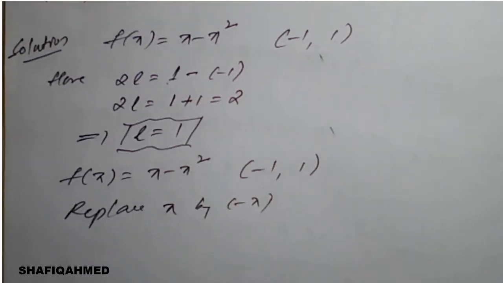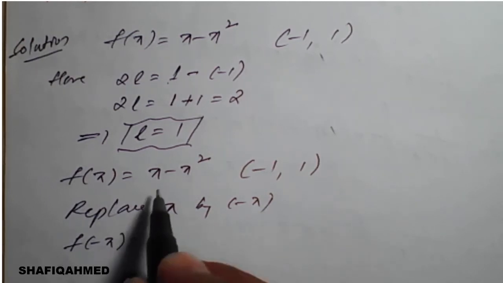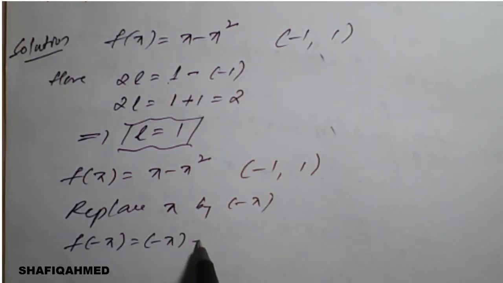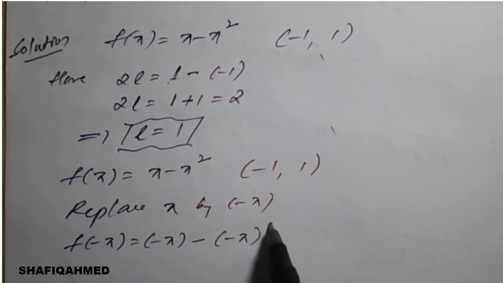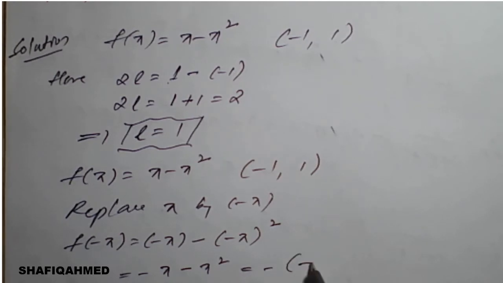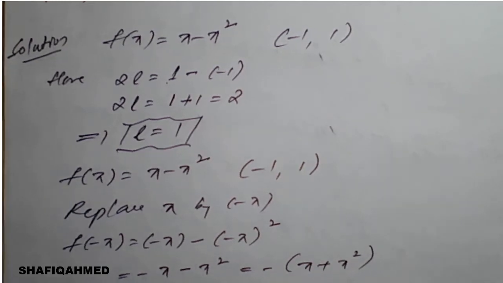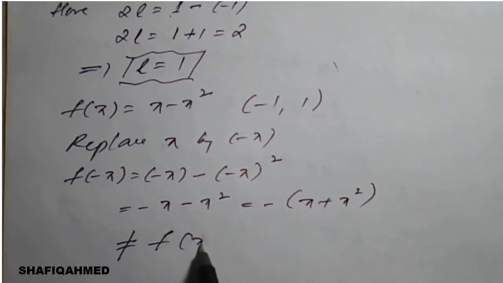What happens if you replace x by minus x? f of minus x is equal to minus x minus x whole square, which is minus x minus x square. Minus x whole square is x square. Even if you take minus common, we get minus of x plus x square. So this is not equal to the function f of x.